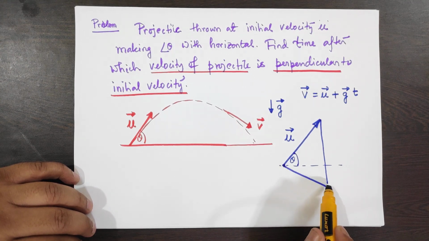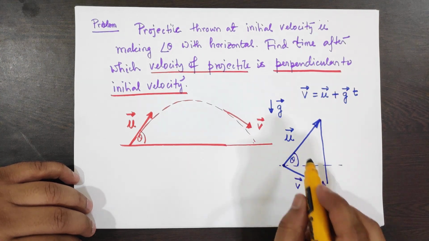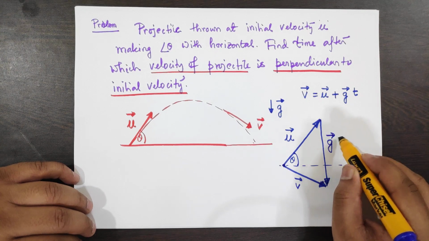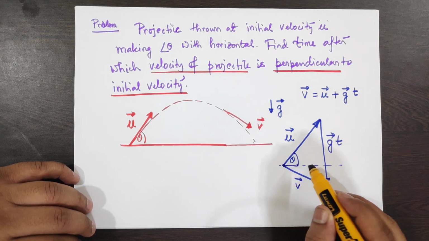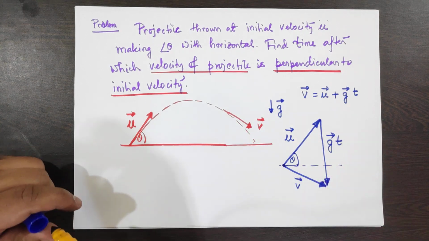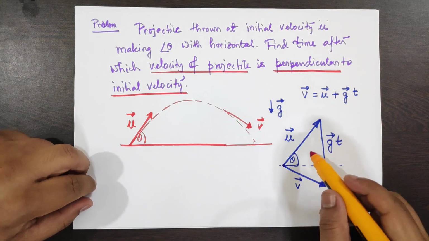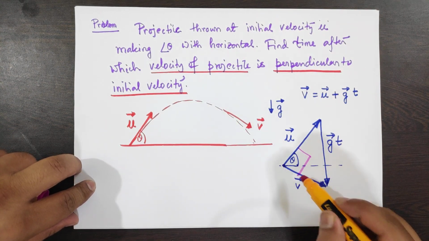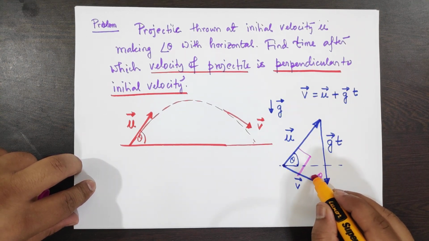See, v vector is perpendicular to this u. So that's vector gt, that's vector v, and this angle is 90 degrees. As this is theta, this is 90 minus theta, this is also theta.